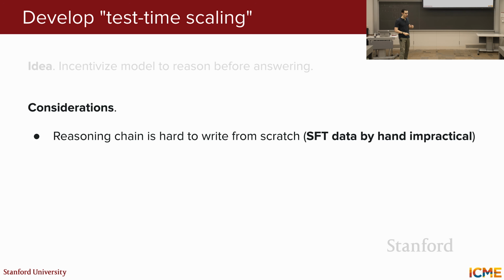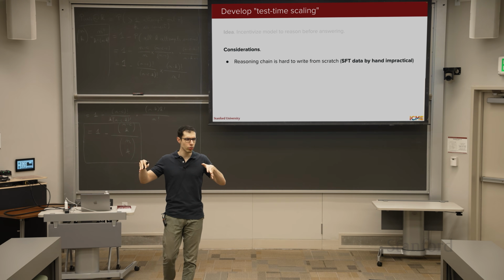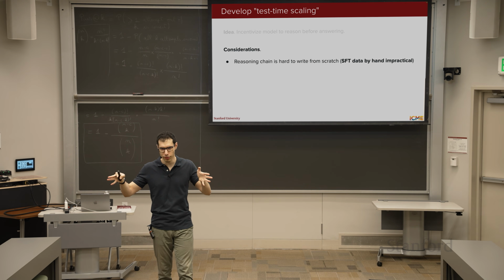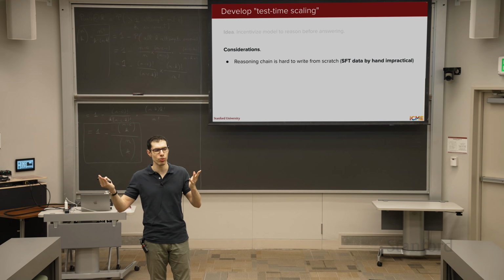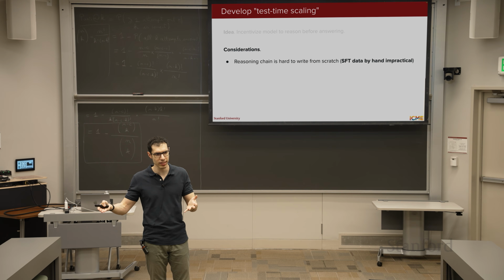The problem is that writing reasoning chains is a very tough task, especially long reasoning chains. Let's suppose we go look into our toolbox of the techniques we have learned so far. Maybe we can think, OK, we can use SFT to do that.